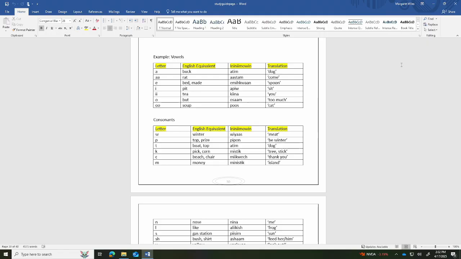The letter M, money. Ministik, meaning island. N, nose. And in the Nimuan language, nina, meaning me.